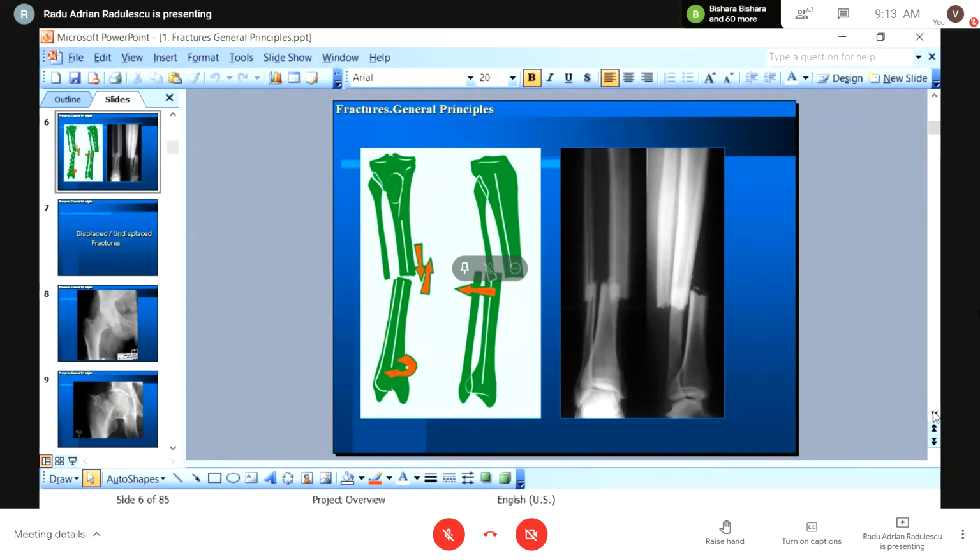The same thing here on the right side, we have an X-ray of a both bones leg fracture, tibia and fibula, and we see the longitudinal displacement, meaning that the leg is shortened, and also the lateral displacement, meaning that the two bones are laterally displaced.